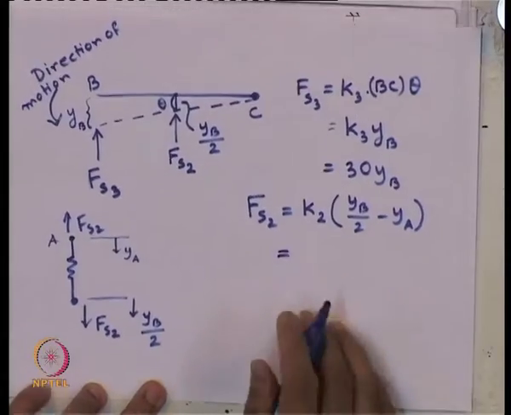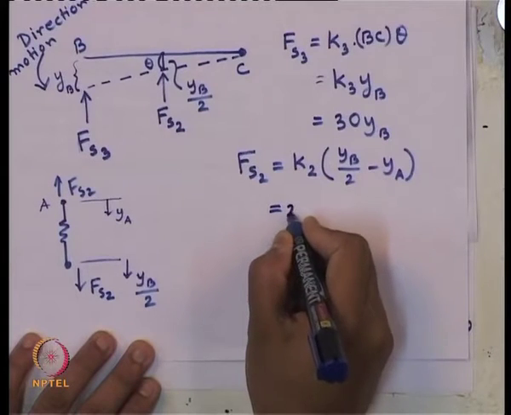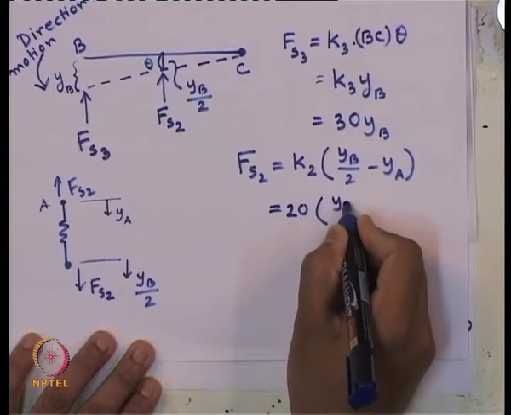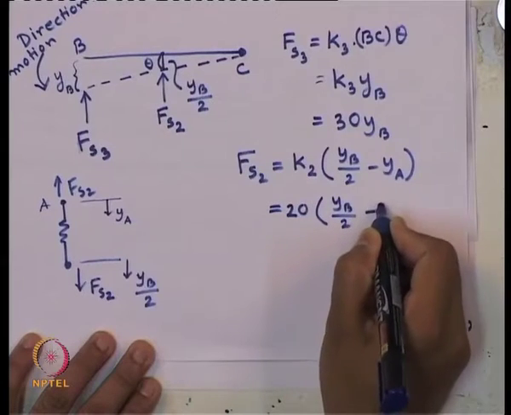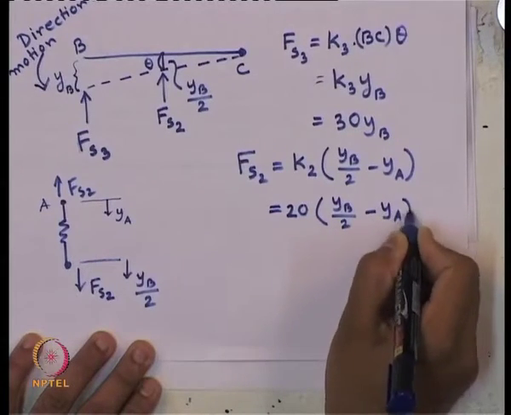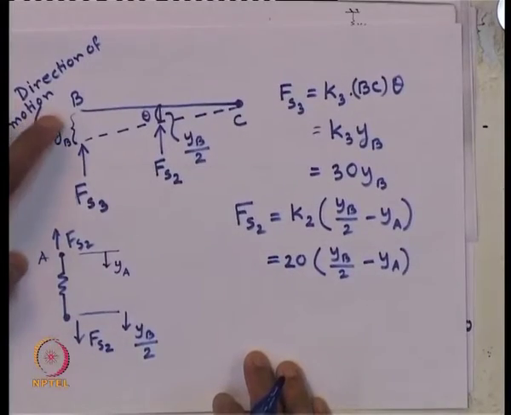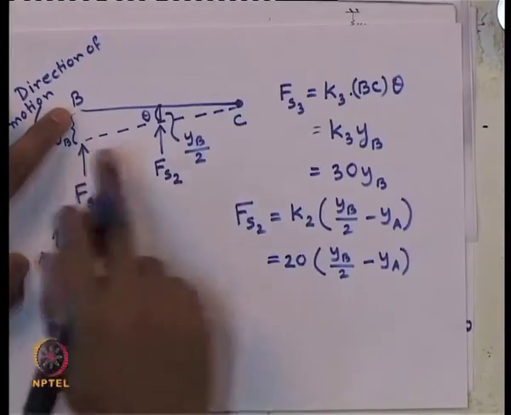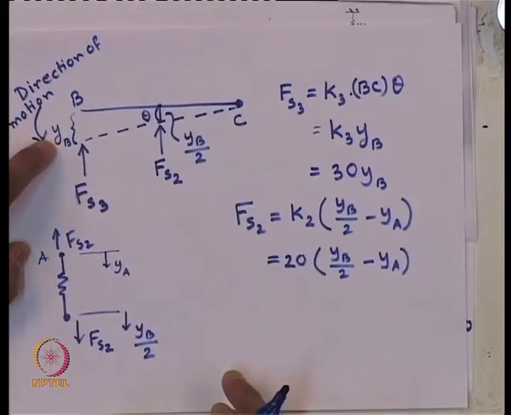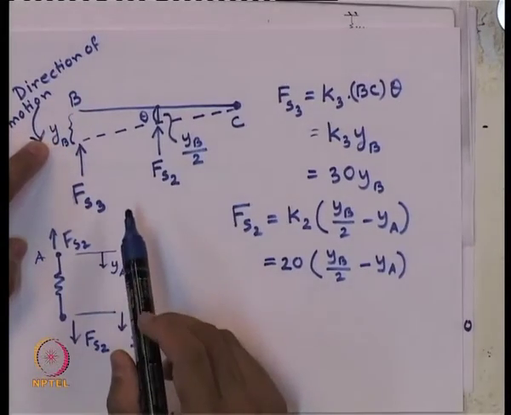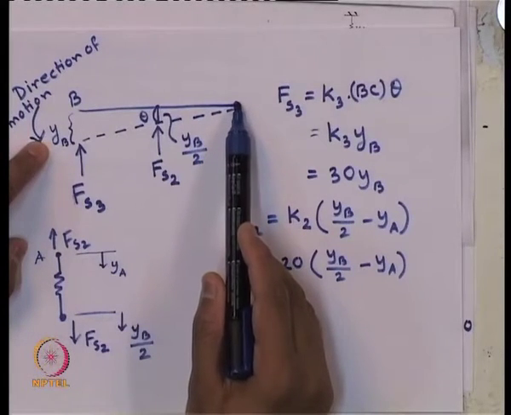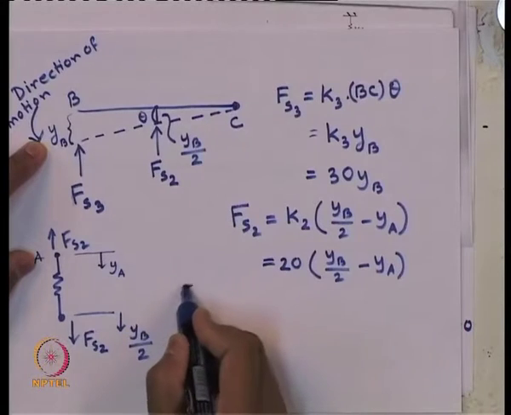Now, the value of k 2 is given to us, which is 20 Newton per meter. So, 20 times y b by 2 minus y a. Now, for this rod B C, we can write down the moment equilibrium about this hinge support C. What should it give?